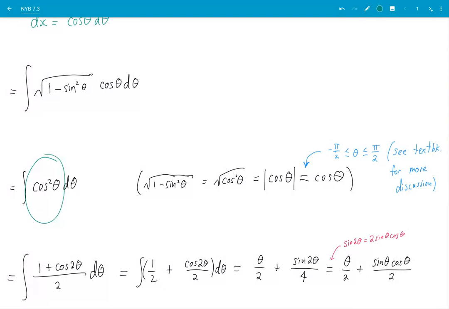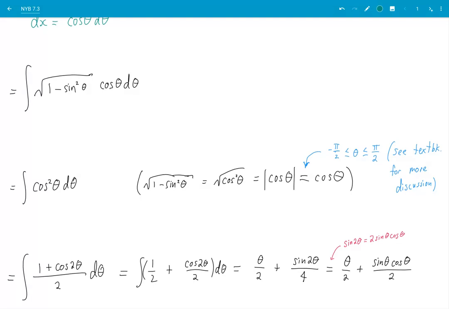Cosine squared: from 7.2, we know that this should be replaced using a trig identity. Enunciate the identity, and you break it up as usual. So up to here, it's pretty standard. We've seen that kind of thing before. I take a step to replace sine 2 theta with 2 sine theta cos theta, and we'll see why right now.